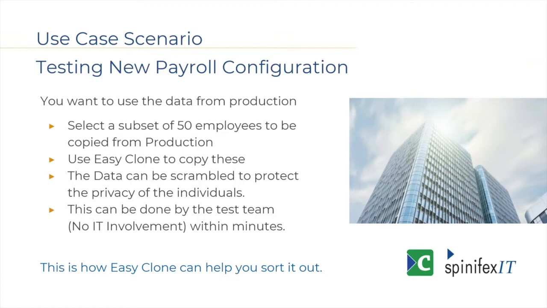As we have noted here, and you've heard already today, the business user leading this testing effort can easily select and clone those 50 employees without involving their IT team. And scrambling can be utilized so that employee data privacy won't be compromised. There may be users of the test system that do not normally have access to the production data, and we don't want to accidentally make it available to them by leaving it as recognizable after the clone. So that's the whole purpose of utilizing the scrambling.